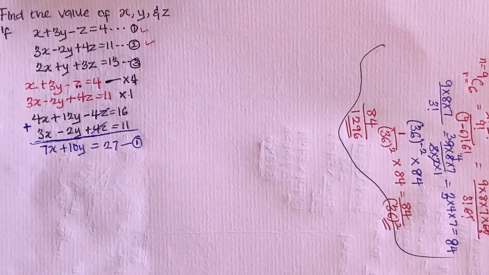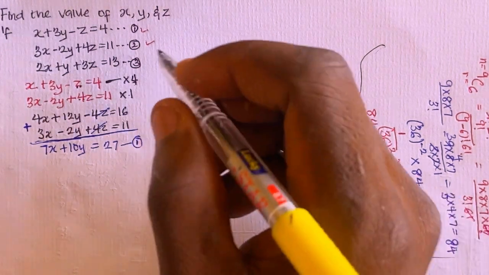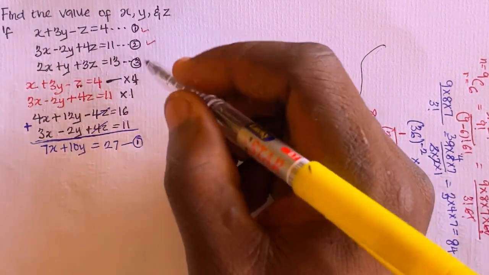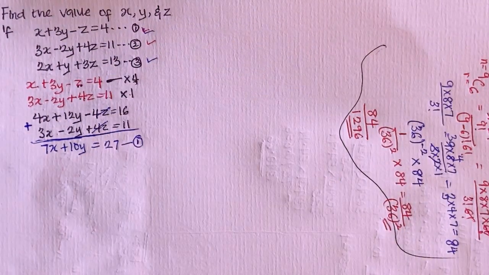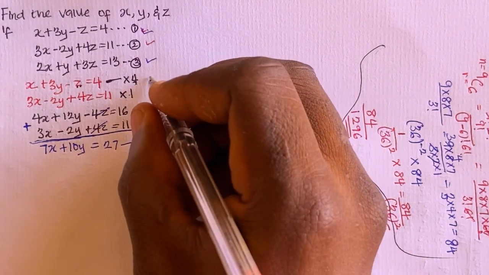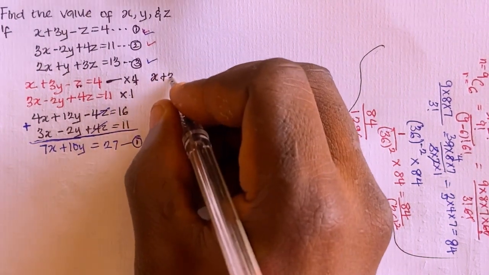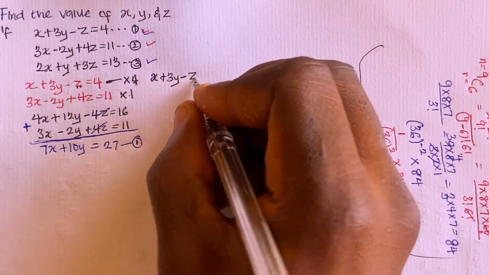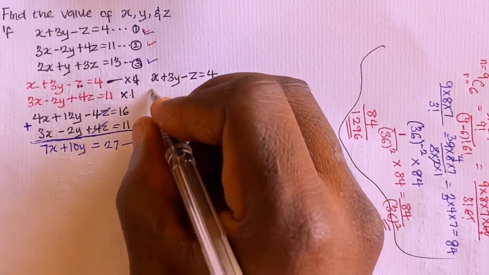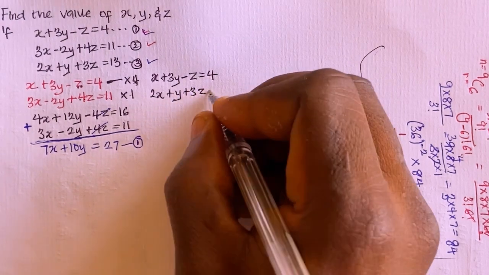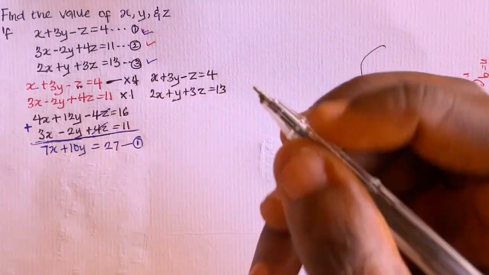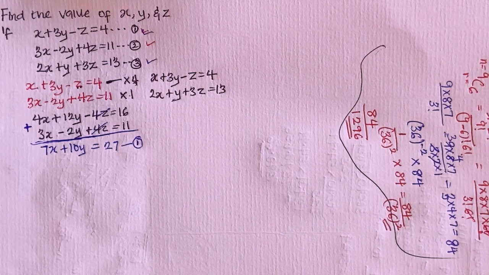Next, I will pick the second pair of equations. I can pick equation 1 and also equation 3, so that equation 1 appears twice. So I have x plus 3y minus z equals 4, and then 2x plus y plus 3z equals 13. Let's eliminate z also.